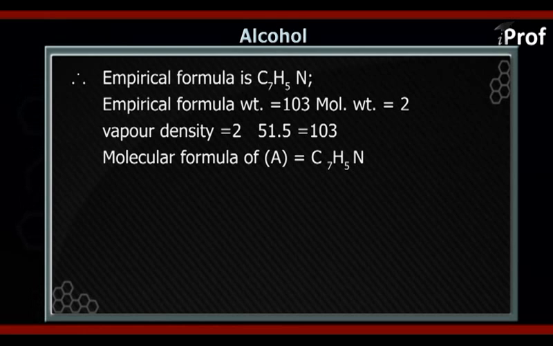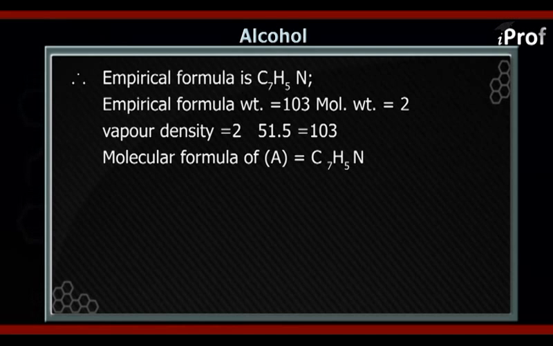So to determine the molecular formula, what we need is the molecular mass of the compound, because as we know, the molecular formula of any compound equals the empirical formula into N, where N equals the molecular mass divided by the empirical formula mass.